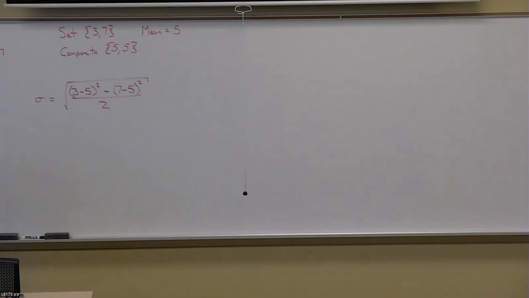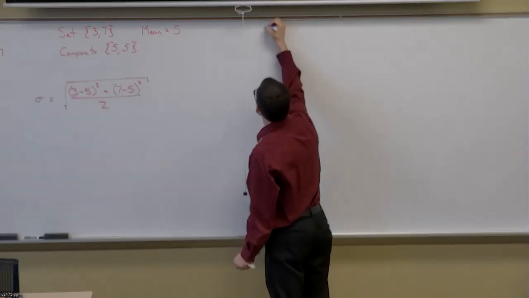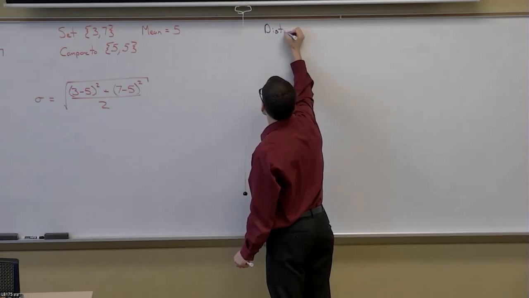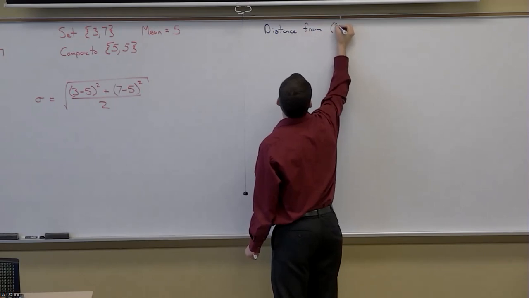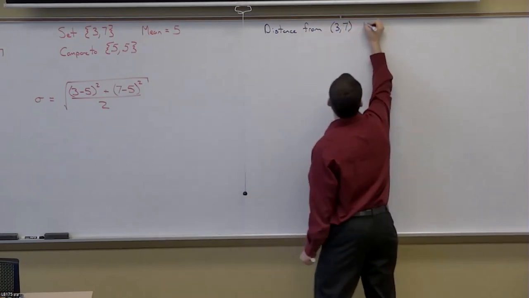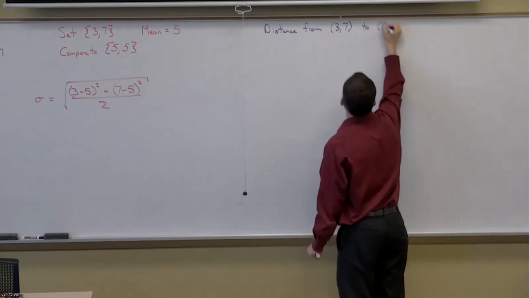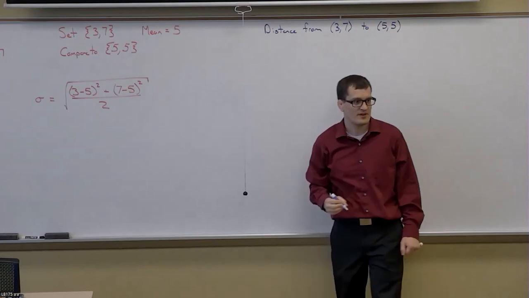Now, I want to compare that to figuring out the distance from the point (3, 7) to the constant point of (5, 5), right?